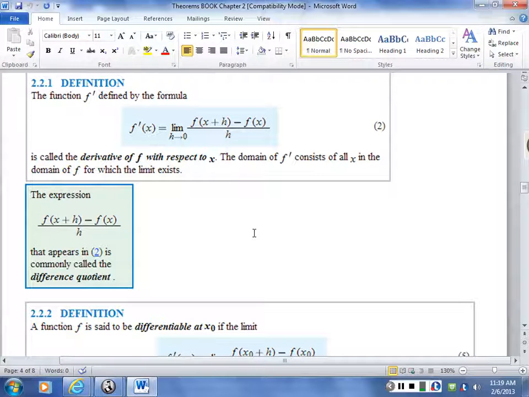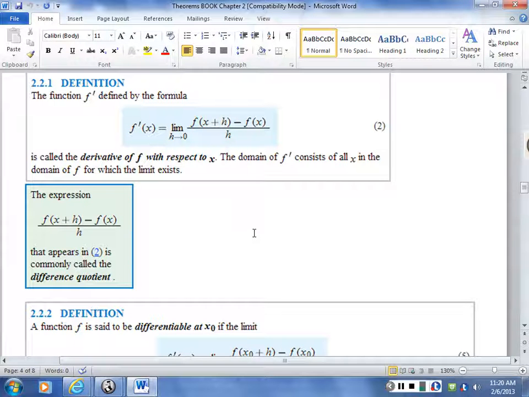You could also have the derivative with respect to t, with respect to any variable. The way we find the derivative is by applying this limit of this difference quotient, which we've manipulated before, right? You did that on your first quiz with x squared. But now we're going to go one extra step and apply the limit as h goes to 0. So any terms left with an h in it is going to go to 0.